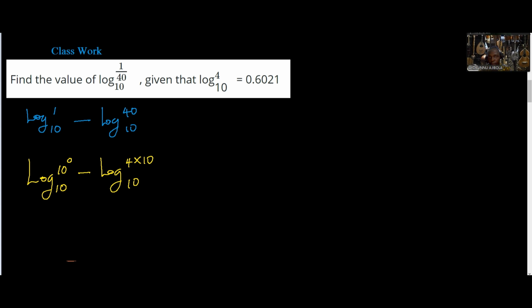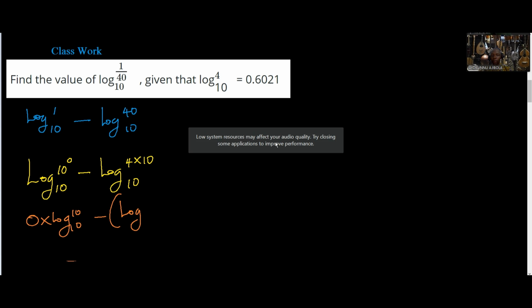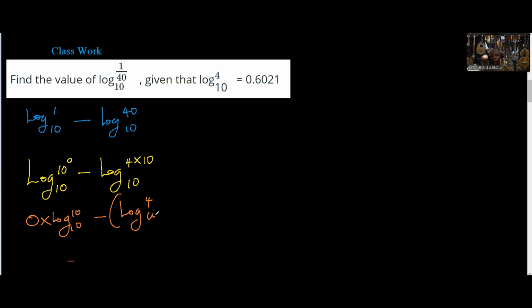So this power 0 is coming to the back to multiply everything. So it's going to give us 0. So this is going to be 0 times log 10 base 10 minus log 4 base 10 plus log 10 base 10.